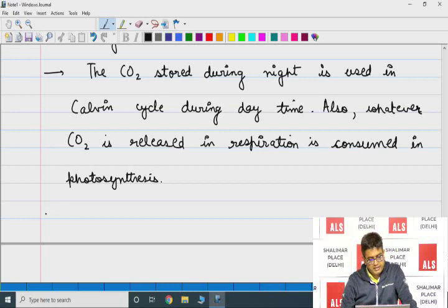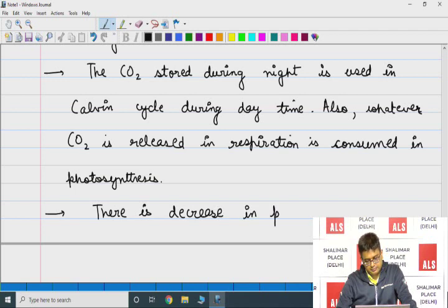there is decrease in pH during night. In the night time, there is decrease in pH.